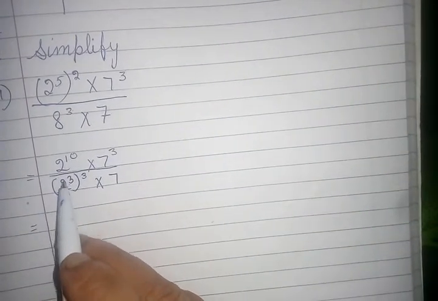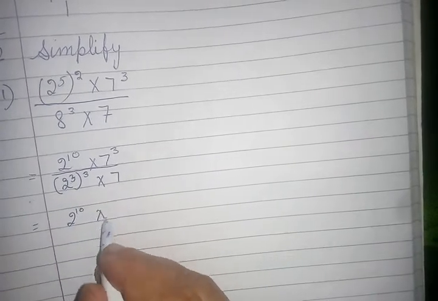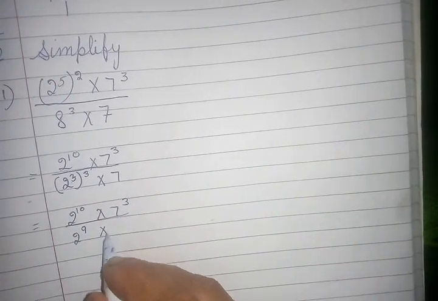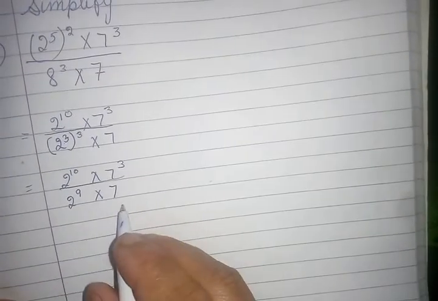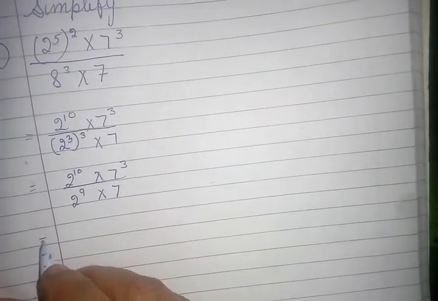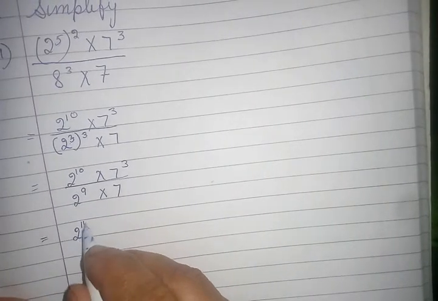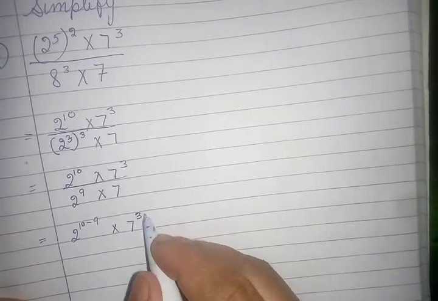Now again using laws of exponents, 2 raised to power 10 into 7 raised to power 3, 3 threes are 9, into 2 raised to power 9 into 7. So now this is division, bases are same, so powers will be subtracted. 7 raised to power 3 minus 1.